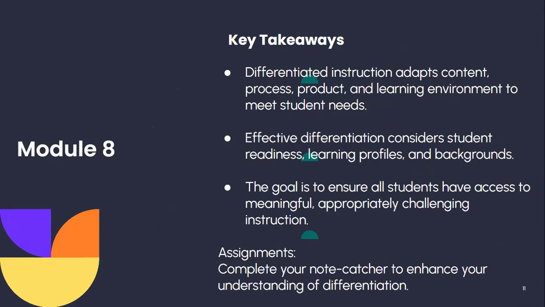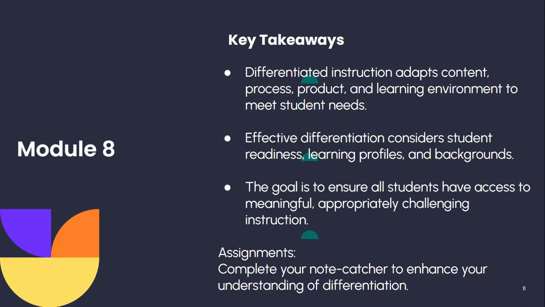So let's summarize the key elements of differentiated instruction. First, differentiation isn't just about modifying a lesson randomly. It's a structured approach that involves adapting 4 specific components: content, what students learn; process, how they learn it; product, how they demonstrate learning; and learning environment, where and with whom learning happens.